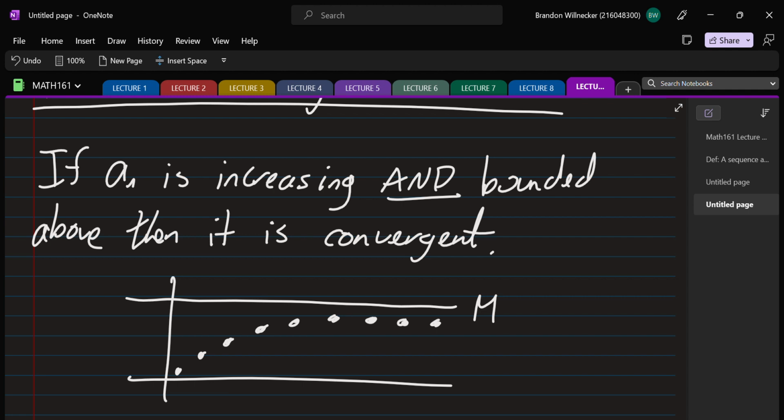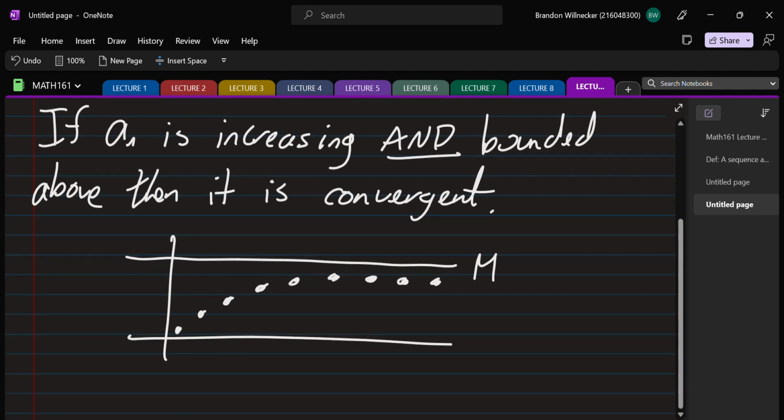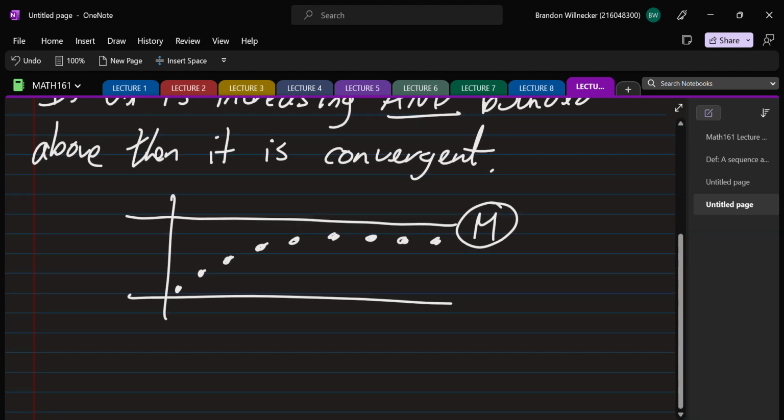It may converge to M, it may converge to something below M, but either way it converges. Please note that this M is not the limit value, it's just an upper bound. We can't be sure, but we know it does converge. So that's the first part.